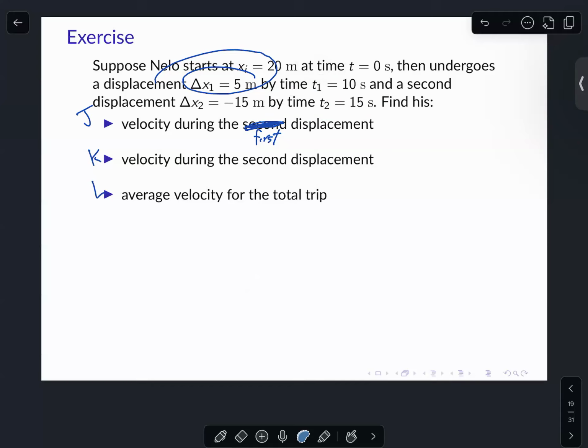T is not the change in time, not the time interval. How long it takes is not necessarily what your stopwatch says. It's the difference in two times. So the time for the second one is 5, and the velocity is negative 3.